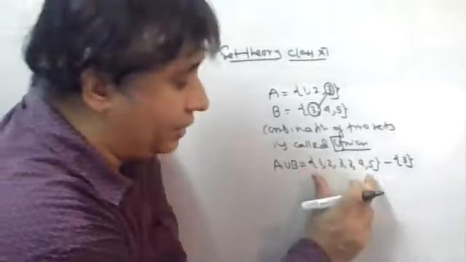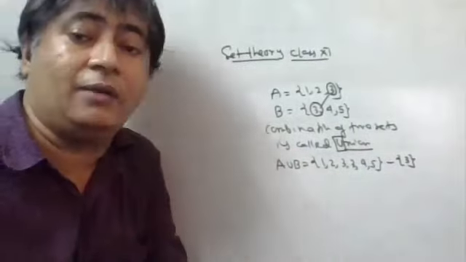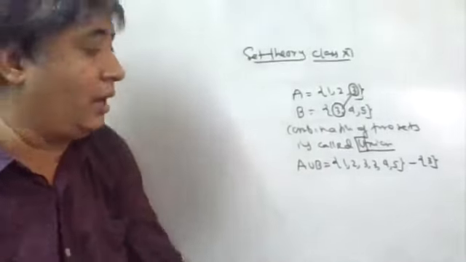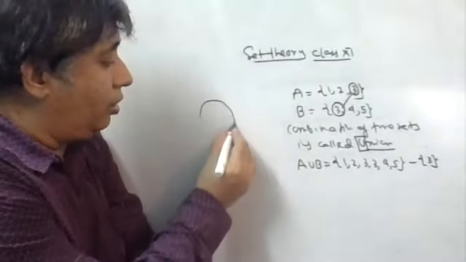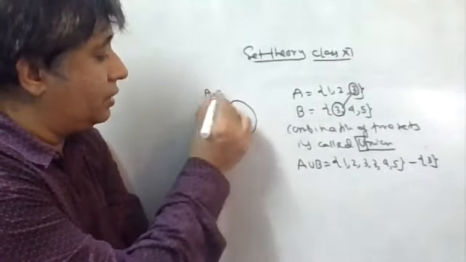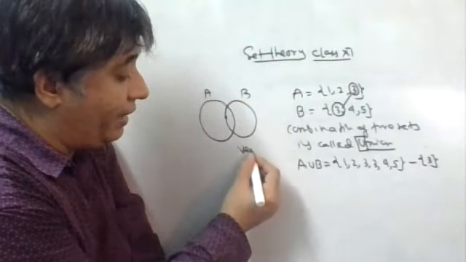Now, this matter, let us represent by diagram. See, let us take two round shaped balls partially overlapping with each other. See, A and B. This is called Venn diagram.